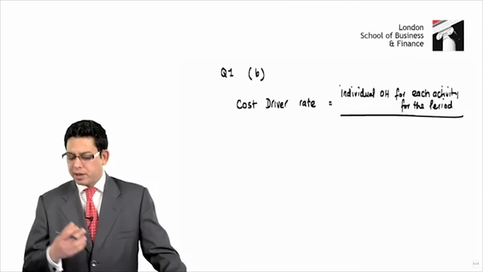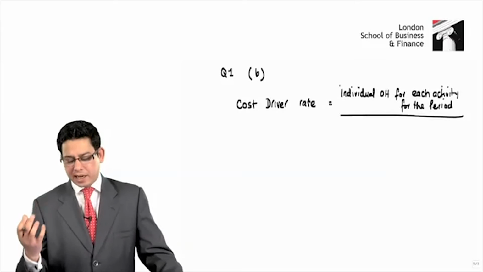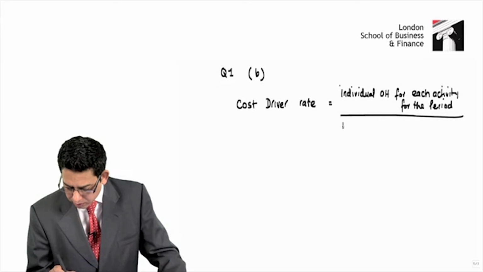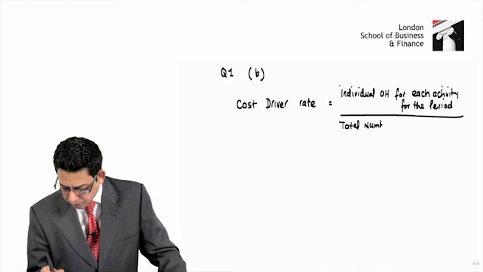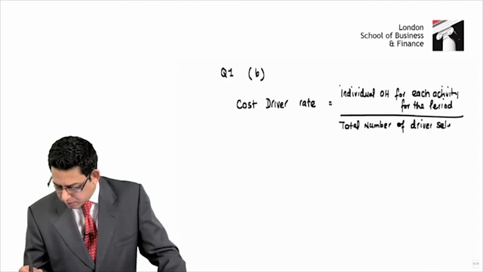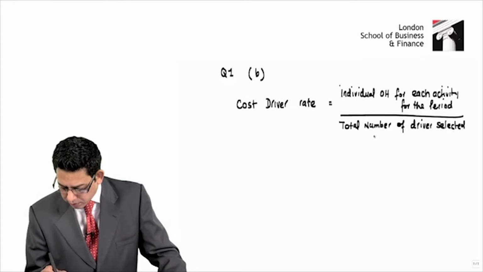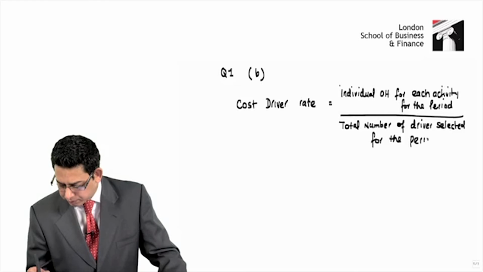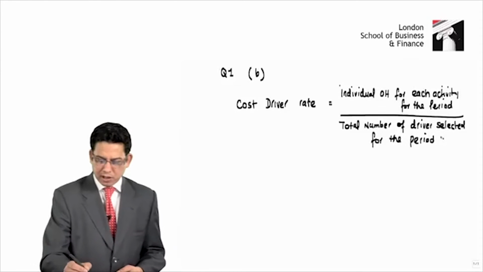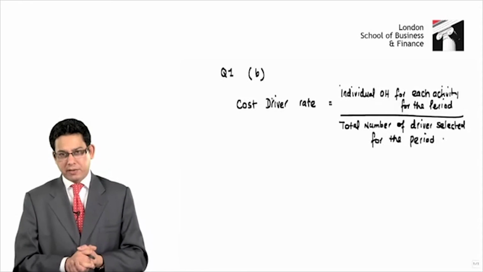Individual overhead cost for each activity for the period divided by the total number of drivers selected for the period. And that simply gives us the cost driver rate for each activity.